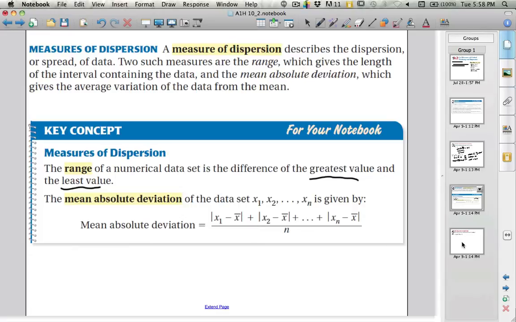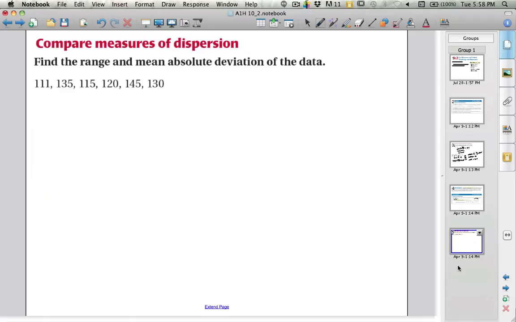Okay, so let's go through how we go about doing this. If I want to find the range, first I want to put these things in order. You'll notice that's kind of helpful. So I have 111, then 115, then 120, then 130, then 135, and then 145. So these are now in order.